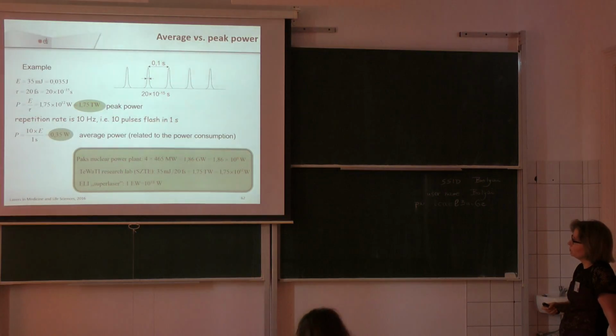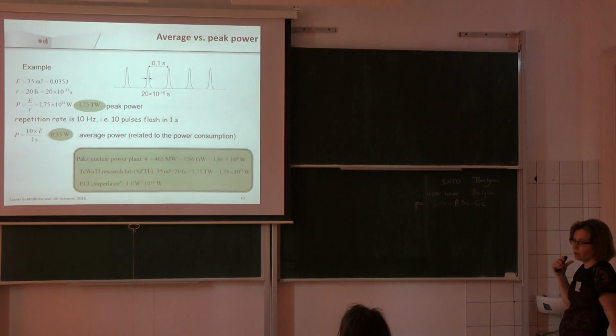If you want some comparison, we have a nuclear power plant here in Paks that supplies a considerable portion of the electric energy that Hungary is using. It is supplying gigawatts, so 10 to the 9 watts.